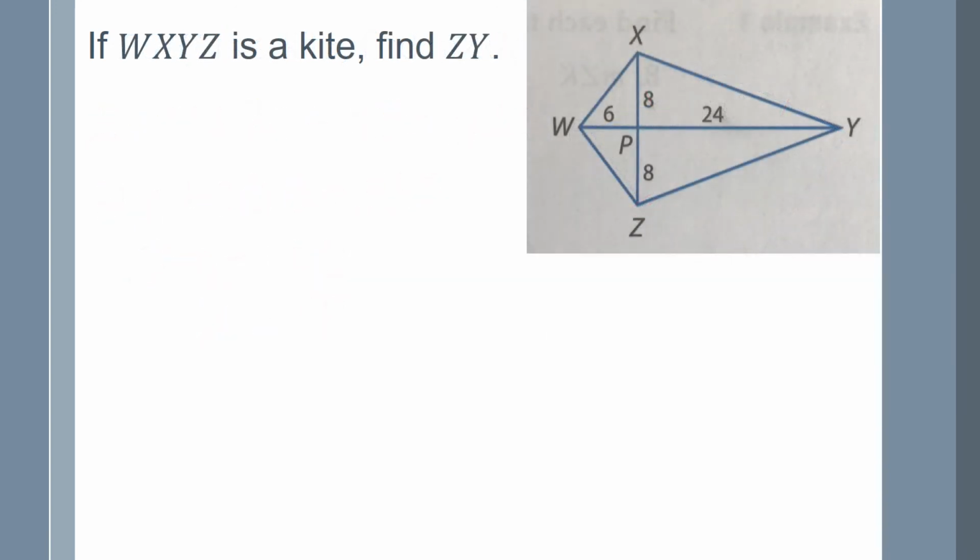Alright, so if WXYZ is a kite, find ZY. Well, ZY is this segment right here. And what we have here is a right triangle. So we can say that ZP, which is 8 squared, plus 24 squared would equal ZY squared.